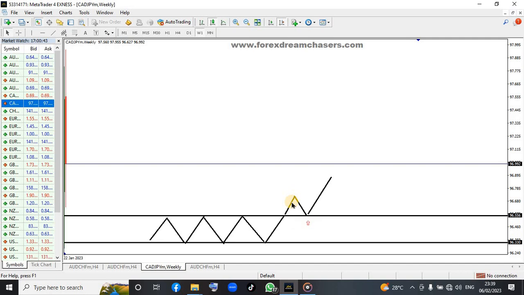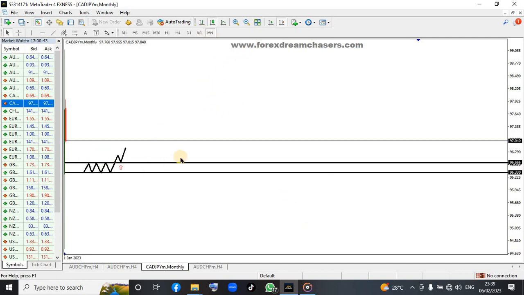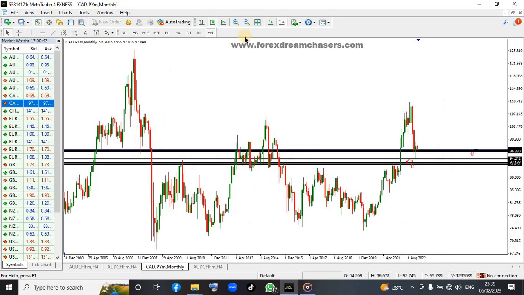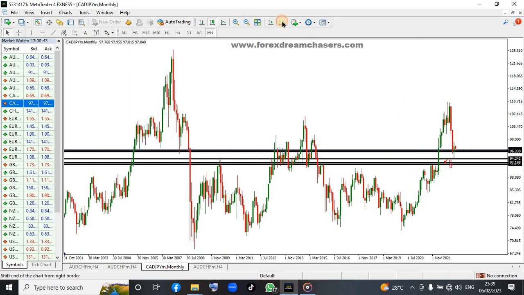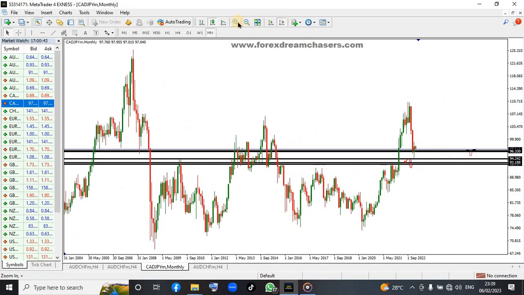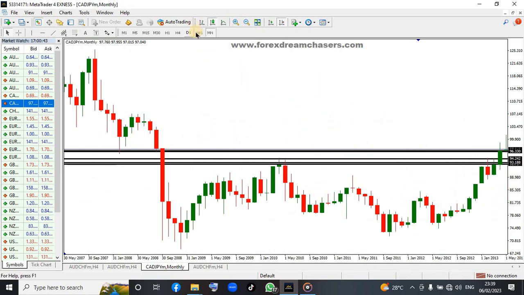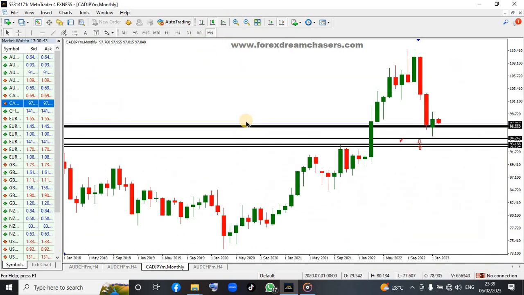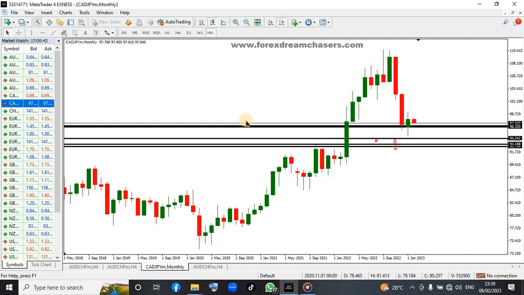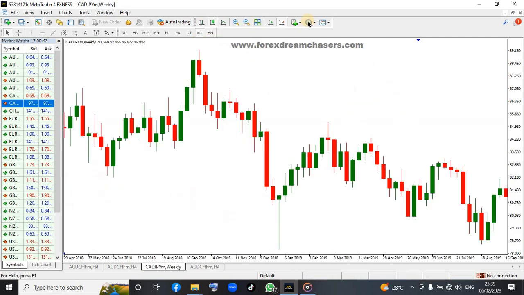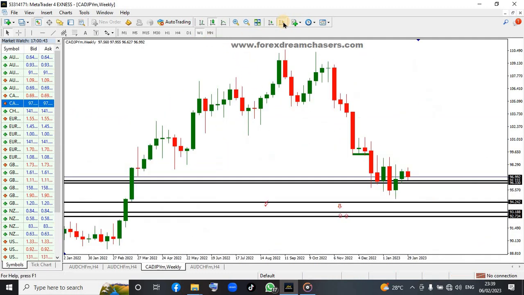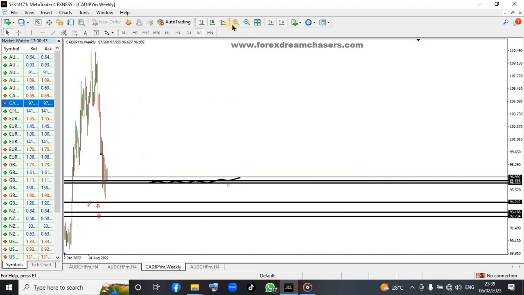Same applies here as a downtrend. Let me try to go to H4 and see. Oh, this is perfect. Flip. Where is it? Let's go back to weekly.